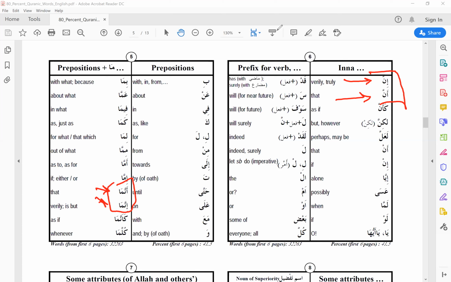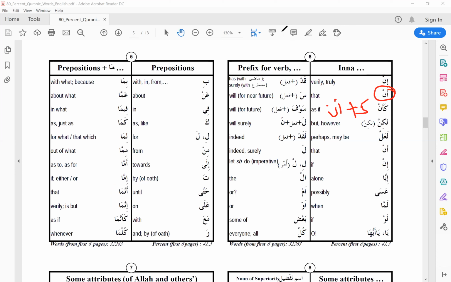Let's decompose again. We said the ka, and we had it here as like. And ka'anna, as if. Remember, anna would mean that, and ka'anna, you're putting the ka and the anna together. Now it's ka'anna, as if.